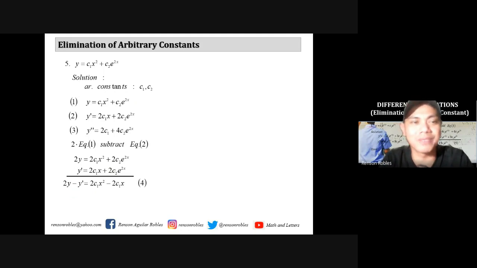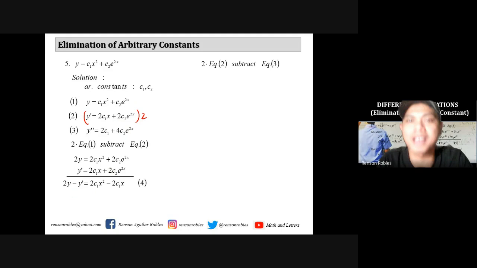And then doing the same for equation 2 and 3. So what did we eliminate here? We eliminate C2. So we shall do the same here. To eliminate C2, remember this is 4, this is 2, so we shall multiply 2 here. So we shall multiply 2 to equation 2 and they have similar sign. Subtract equation 3.